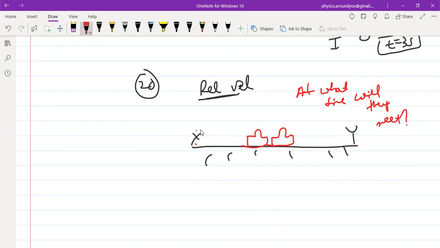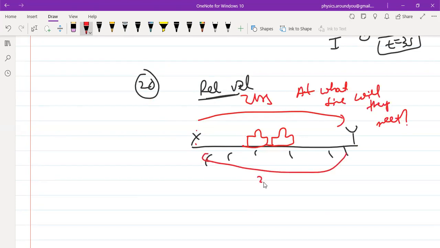The car from X takes 2 hours to go to Y, and the car from Y takes 2 hours to go to X. So from symmetry, I can say that both cars meet midway at 1 hour.